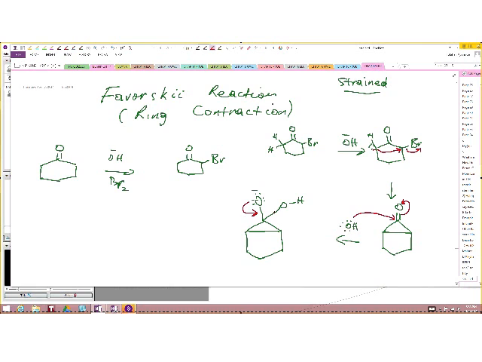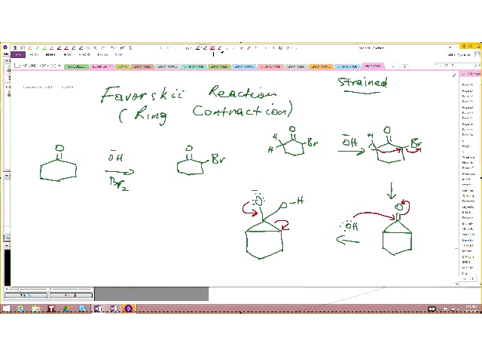Okay, once we do that, instead of the hydroxide leaving, one of these bonds will break, from that enolate ion.